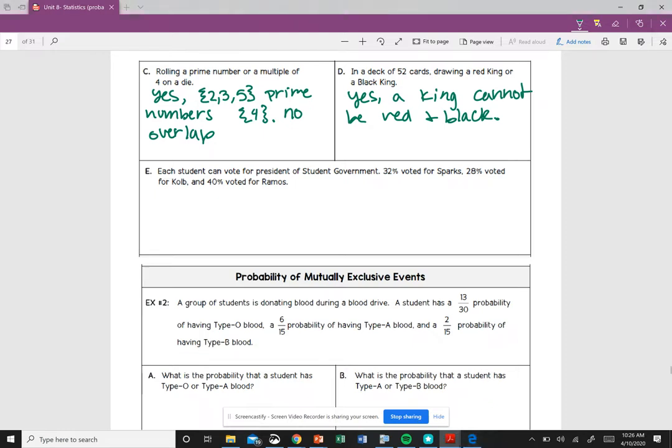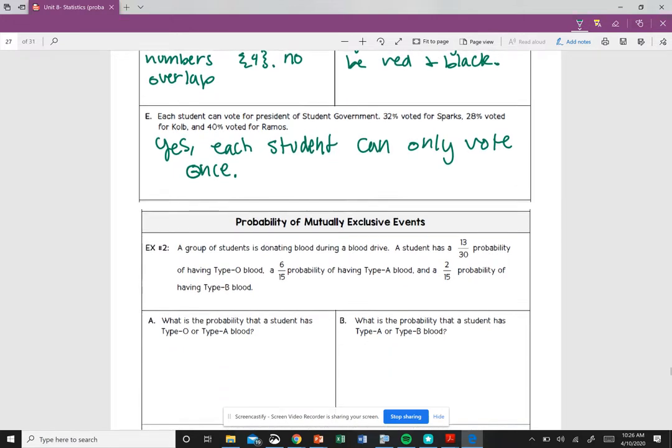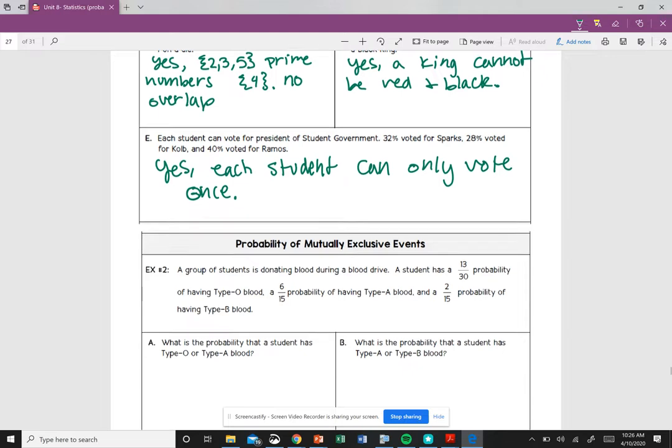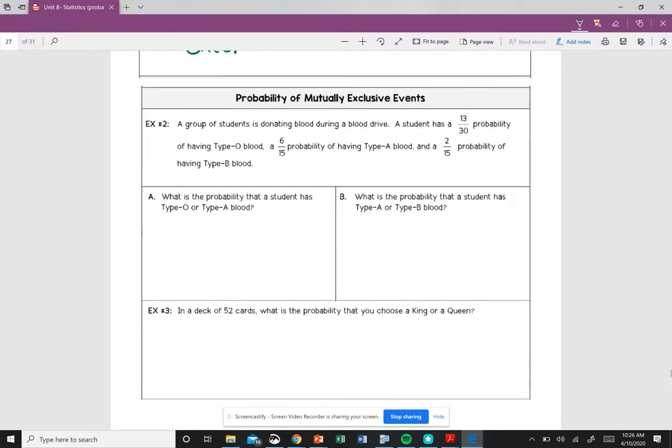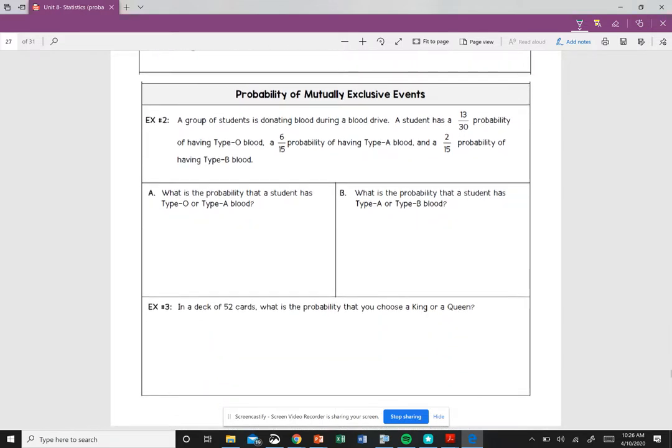So these can be mutually exclusive. Yes. They can only vote once. And if they can only vote once, they can only vote for one president. Does that make sense?